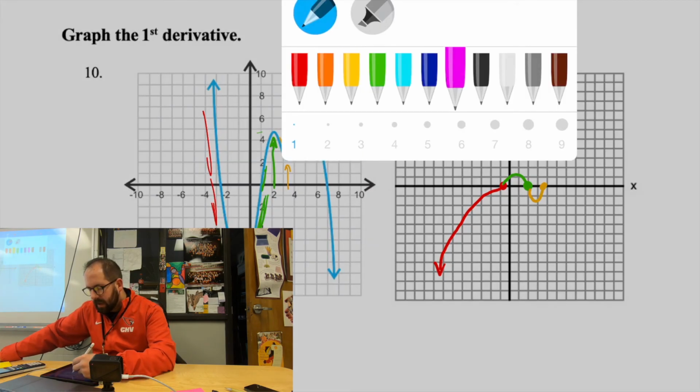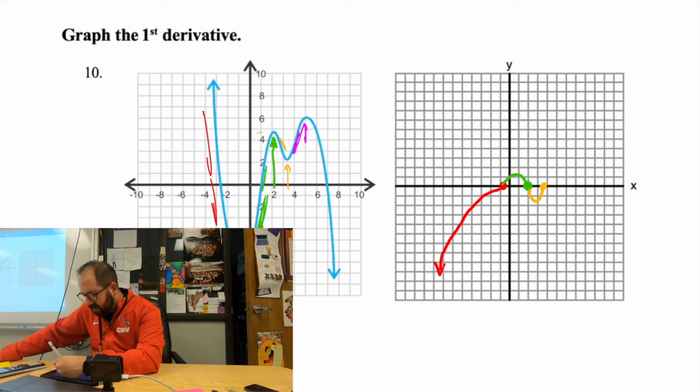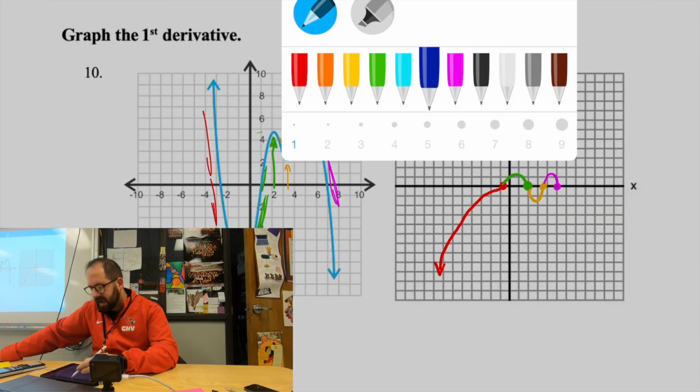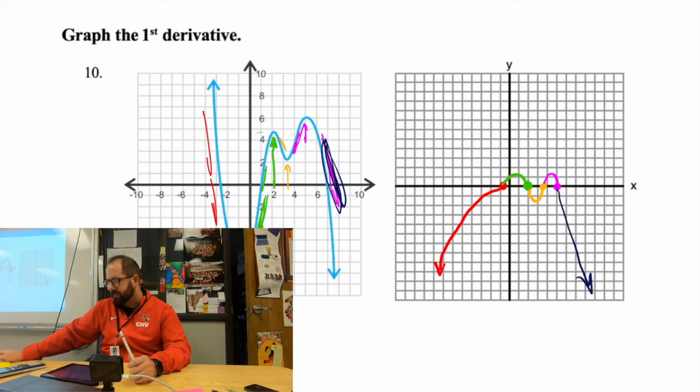Then the next part is positive slope up until about 5, when it will hit 0. Then it will go just straight negative numbers after that, so it'll dip down below like that.